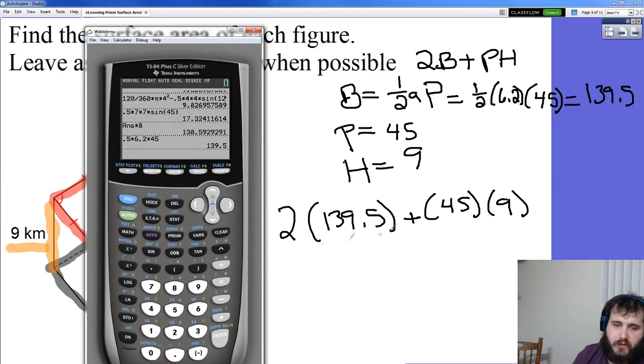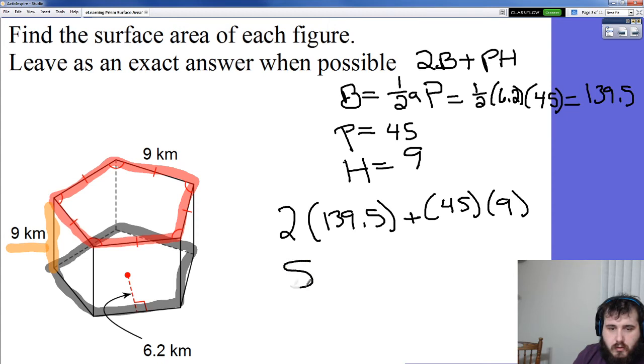Again, we're going to do that in the calculator: 2 times 139.5 plus 45 times 9. See how I just typed it in right here? That's all I need to do. And now I've got my final answer. My surface area here is 684.